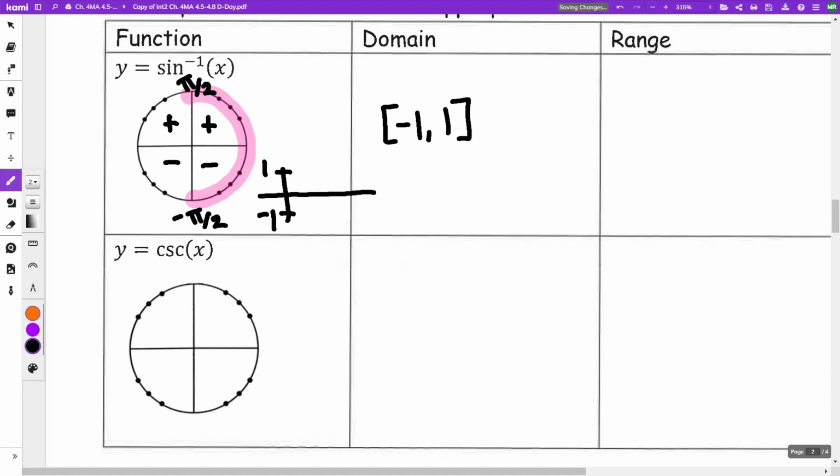And as I'm graphing this, my sine looks like this. So the highest and lowest it goes is 1 and -1.